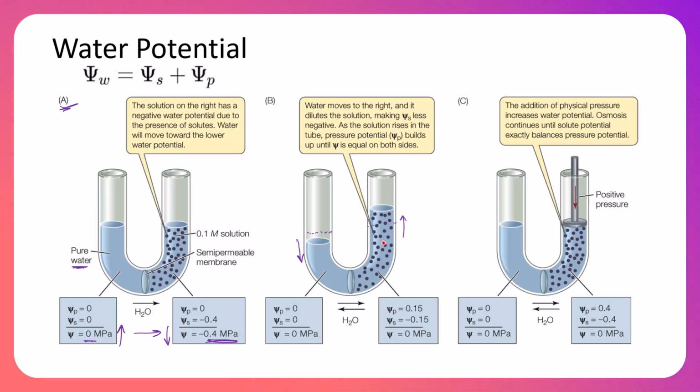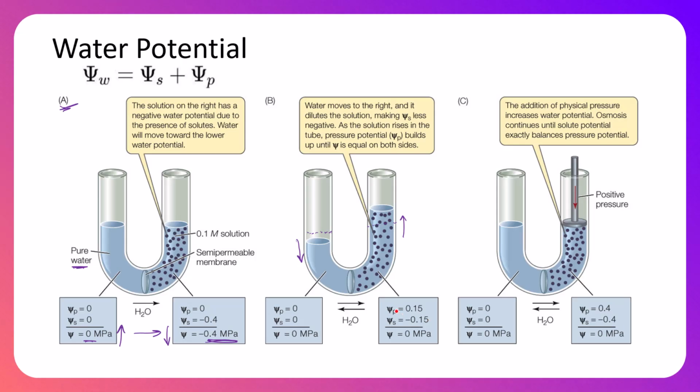We have a higher solute potential energy. Notice the solute potential energy started at negative 0.4. Because the solute concentration has been decreased with the addition of the extra volume of water, the solute potential energy has actually become less negative, to a negative 0.15.